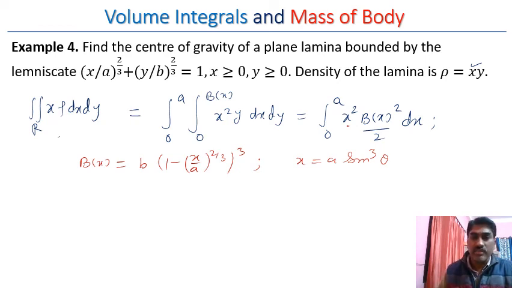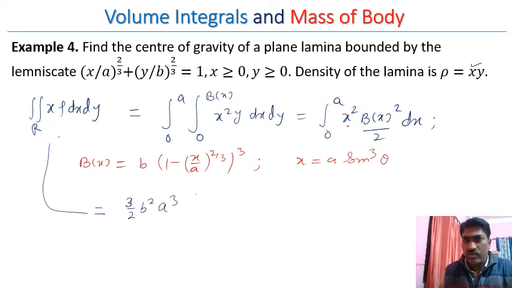Now we replace all the things here, and we get the result as 1 by 2 b square, or 3 by 2, we receive 3 by 2 a cube, and 0 to pi by 2 of sine to the power 8 theta cos to the power 7 theta d theta.